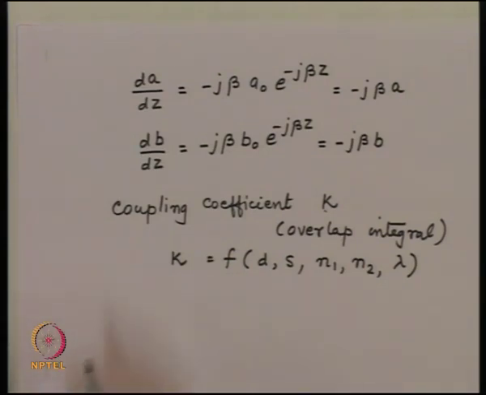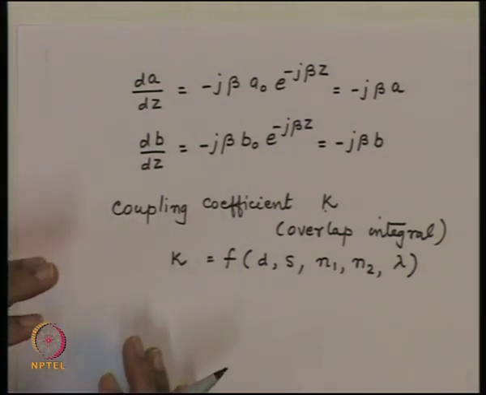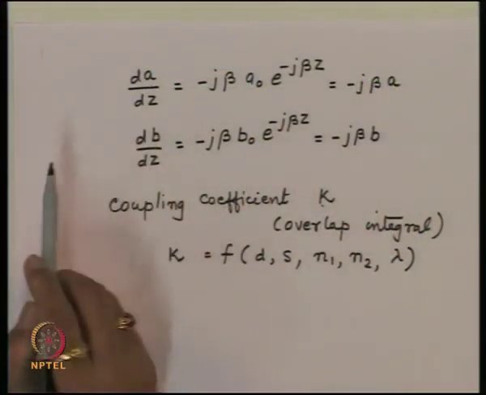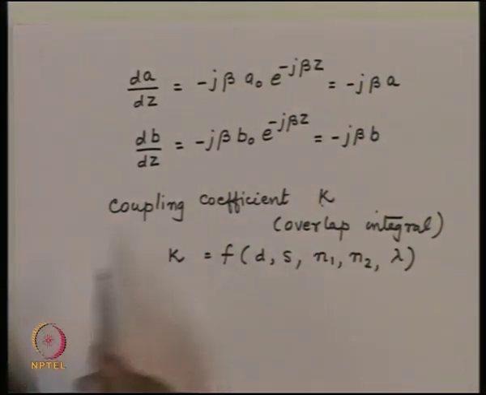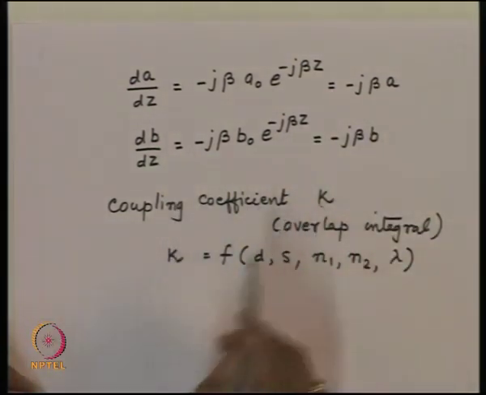We will see later the physical meaning of this coupling coefficient, but at this point, here is a quantity which is a measure of how much field is going to get coupled from one waveguide to another waveguide. So now what we are saying is that dA by dz is not only proportional to A, but there is something which is related to B also. That's what is given by this coupling coefficient k.